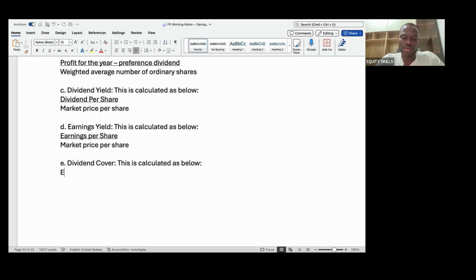So it's usually earnings per share over dividend per share.